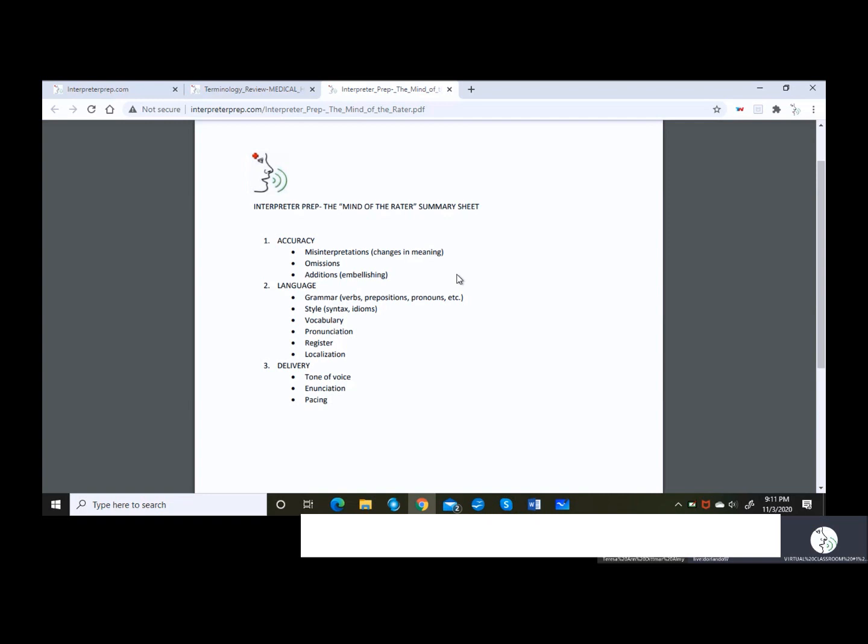Another reason why we may become less accurate is when we add things that were not said. So for example, they might say, take these pills twice a day, and the interpreter becomes inaccurate by interpreting, toma estas pastillas 2 veces al día con comidas.